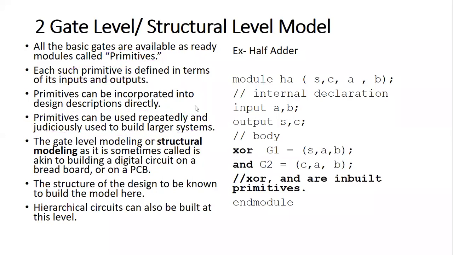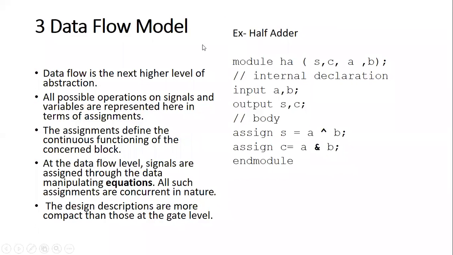The next modeling style is the data flow model. Data flow is the next higher level above gate level. In the data flow model, we perform operations on signals and variables. Whatever operations are available on signals and variables, we can use here.